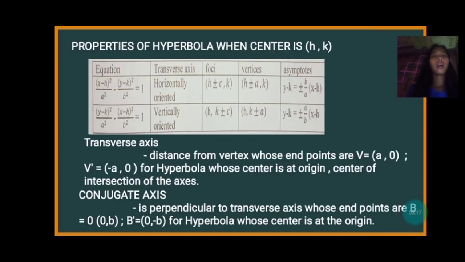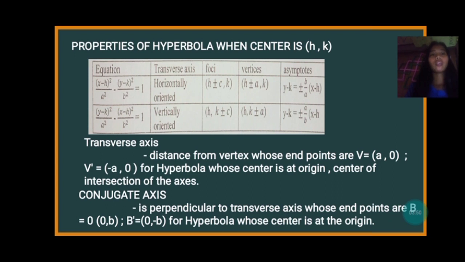So next is when your hyperbola is at center (h, k). These are the properties. The equation of your hyperbola if your transverse axis is horizontally oriented is the quantity of x minus h squared over a squared minus the quantity of y minus k squared over b squared equals 1.